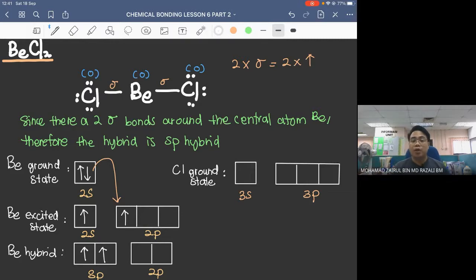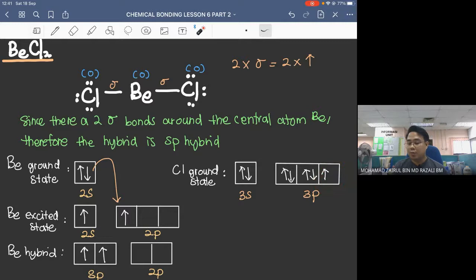Okay, for chlorine at ground state, chlorine is a group 17 period 3. So it has 7 valence electron, and of the 7 valence electron itu, 2 of the electron will occupy 3s, 5 of the electron will occupy 3p. So maknanya 2 electron at 3s, 5 electron at 3p. So kalau awak tengok, overlapping on the chlorine atom itu akan berlaku dekat 3p orbital.